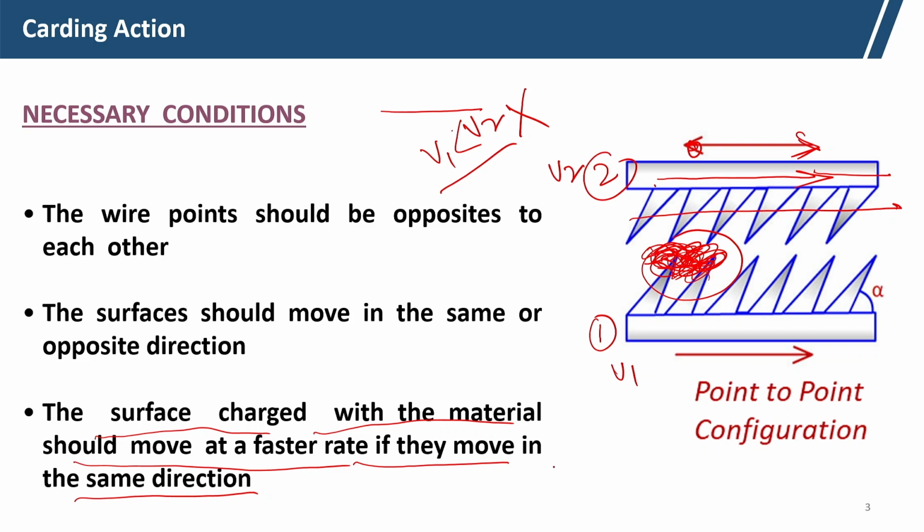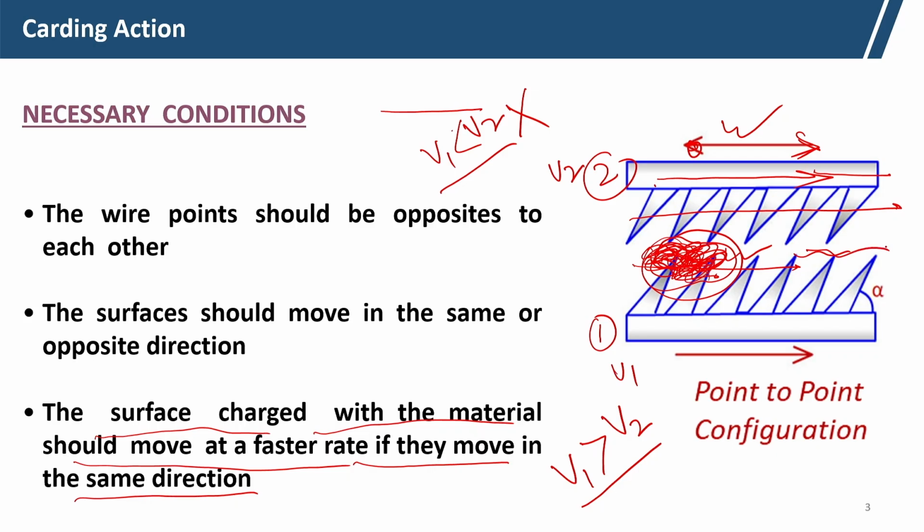But when V1 is more than V2, the wire points on surface 1 are moving at faster speed and surface 2 moves at slower speed, and surface 2 gives some resistance, and the fiber tuft is teared apart and gets individualized here. So they are individualizing the tuft and forming single fibers.